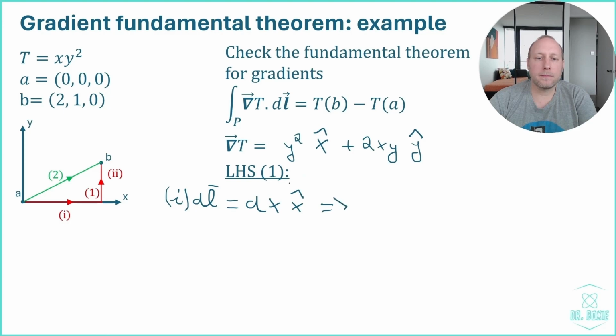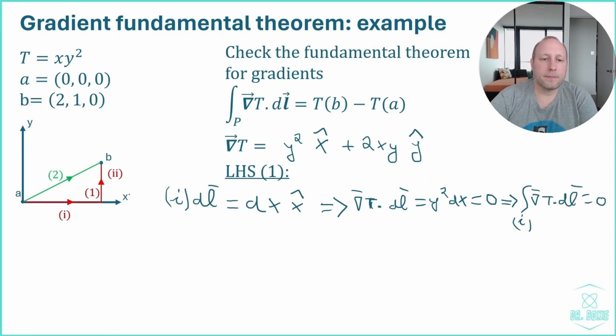Therefore, the gradient of T dotted with dl is equal to y squared dx. But y is constantly 0 along this first part of the path, and therefore this dot product is 0. Thus the line integral along part 1 of the gradient of T is 0.